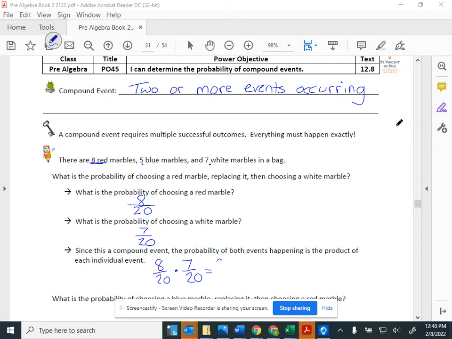So 8 times 7 is 56. 20 times 20 is 400. And I have my answer as a percentage. So it would be 14%. Let me scroll it up a little so we can see it a little better.